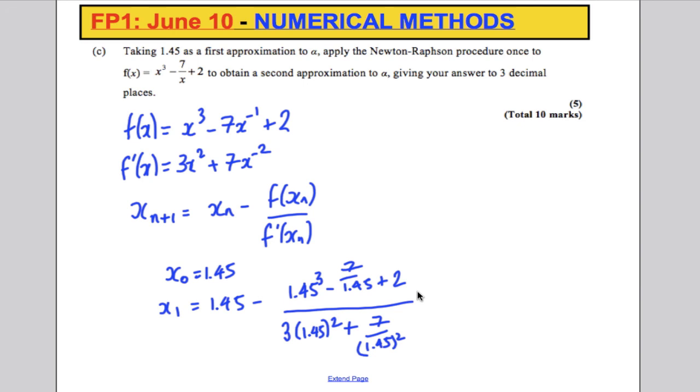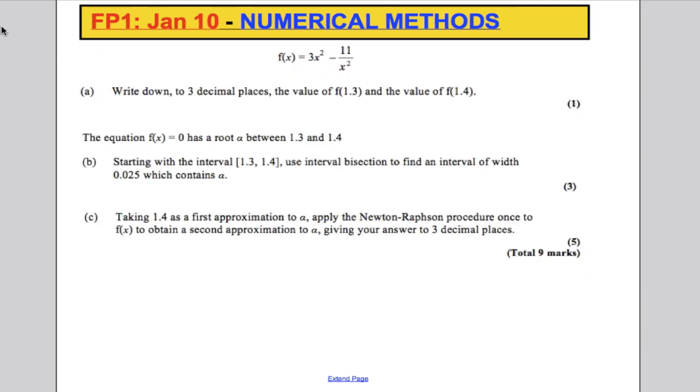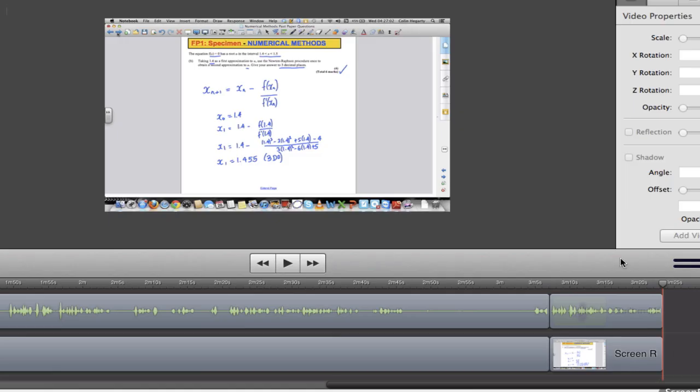And with a bit of luck, tapping that in your calculator, you get the answer 1.426 to 3 decimal places, and you're done. Next question.